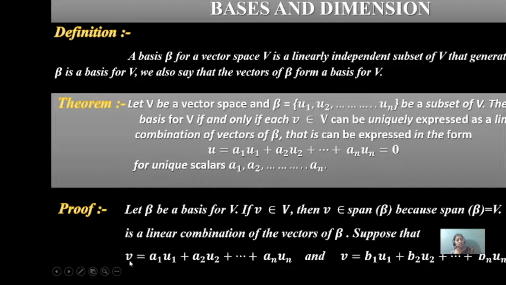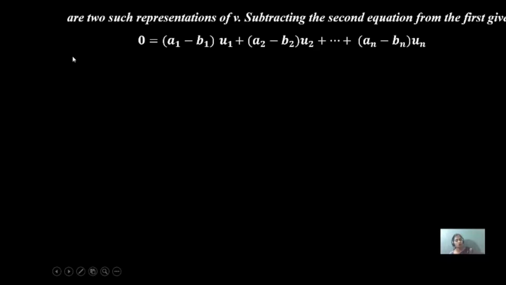Suppose that small v equals a1 u1 plus a2 u2 plus up to an un, and also v equals b1 u1 plus b2 u2 plus up to bn un. Sometimes we use a1 to an, or sometimes b1 to bn as the scalars. These are two such expressions of v.